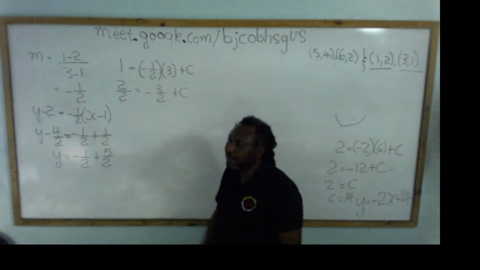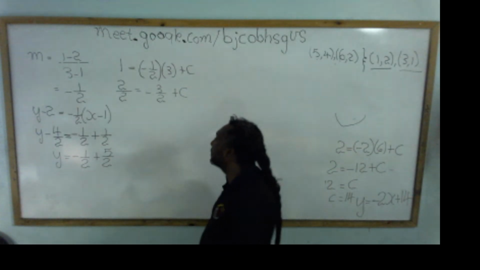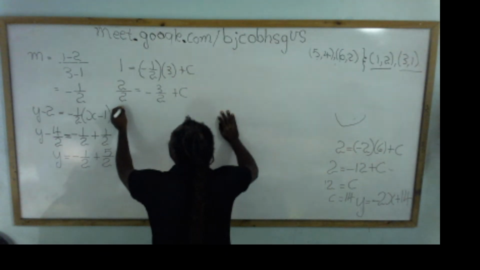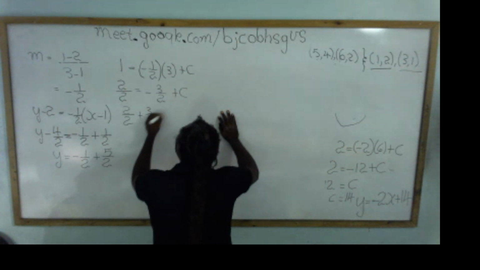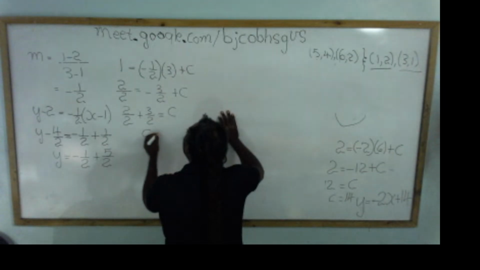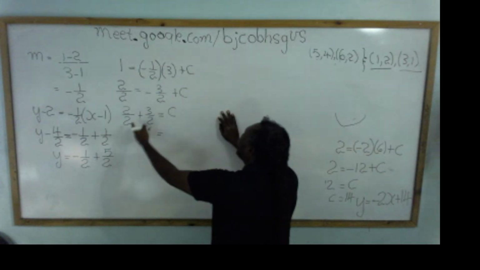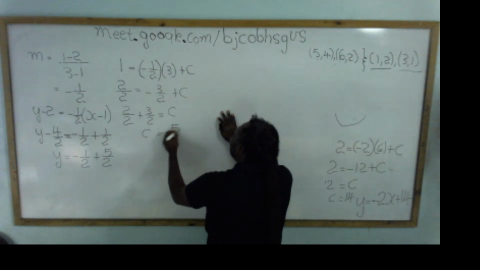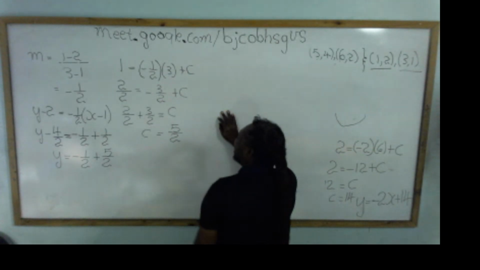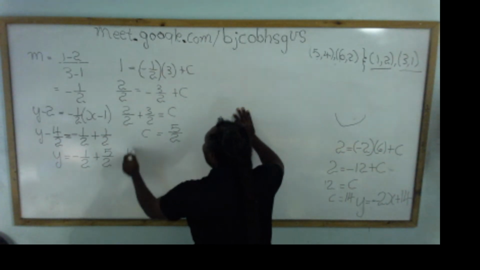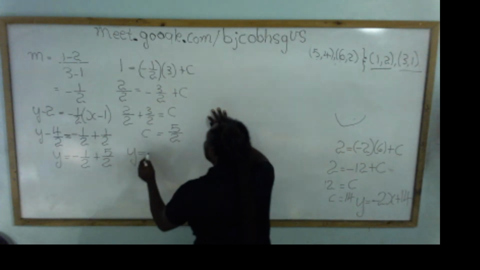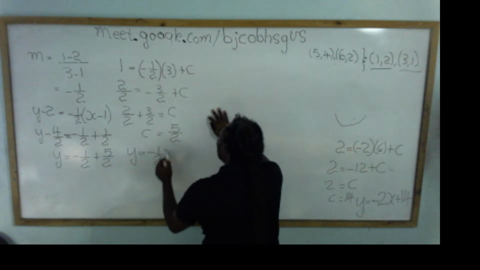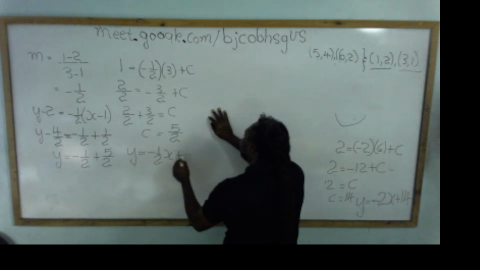So let me just do that. 2 over 2 plus 3 over 2 is equal to c. So c is equal to, of course, because we have the same denominator, it is easy to add, 5 over 2. And the equation of a straight line will be y is equal to mx plus c.